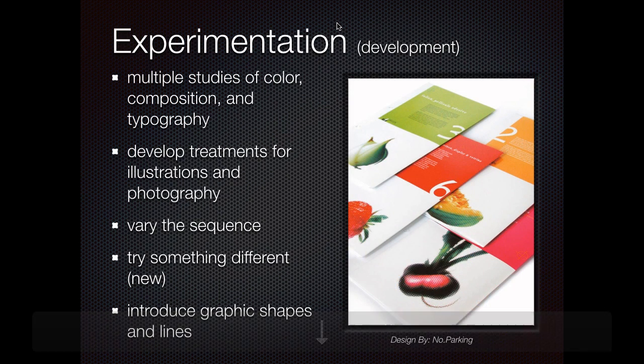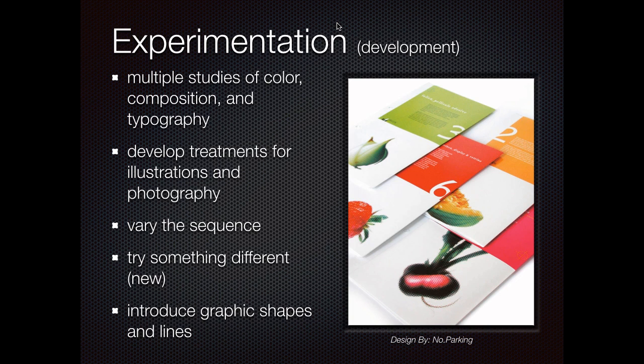Then you move into the experimentation phase, which is totally the fun part, right? Where you just start messing with stuff, you start playing around with it, you start coming up with ideas, you start throwing out things, and this is one of the coolest ways of doing it. And one of the things that you'll find is really good designers will create multiple versions of things and start to pick through.